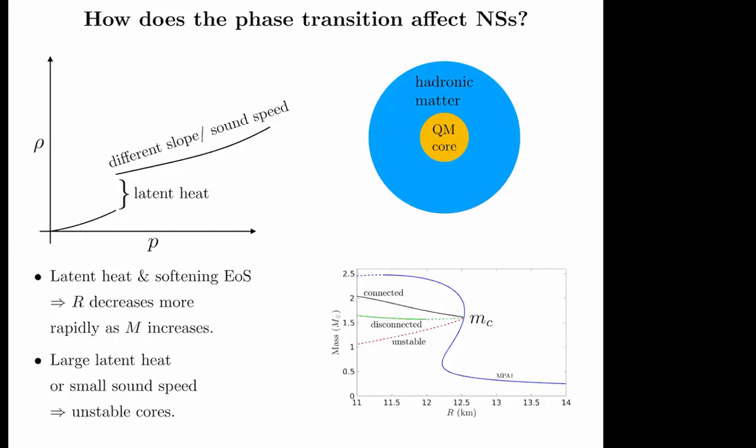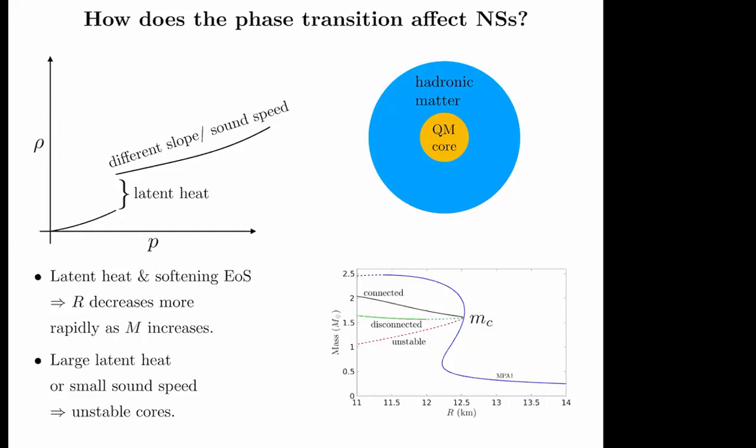The bottom line message that I want to leave you with here, though, is that the signature of quark matter, or really any sort of exotic matter, could be something else like hyperons, is that there's a kink in the MR curve. Okay, that is how the phase transition can affect the structure of the neutron stars.